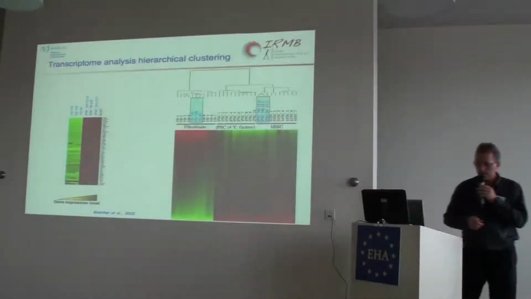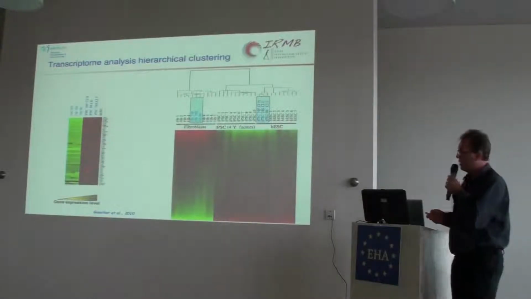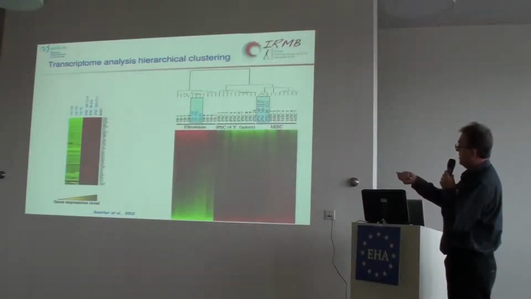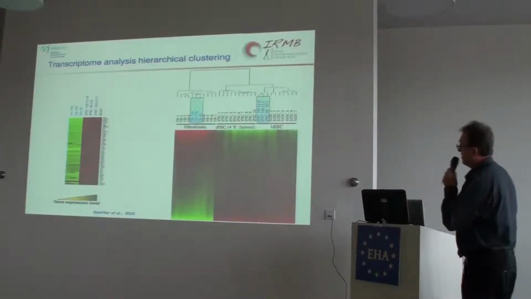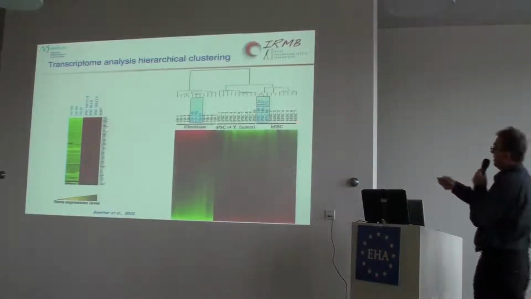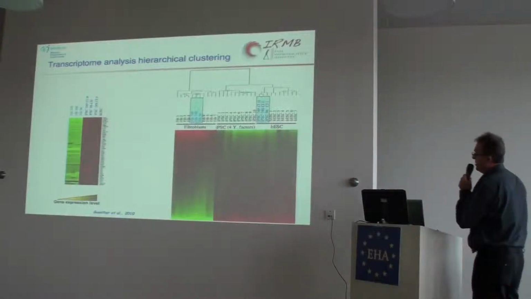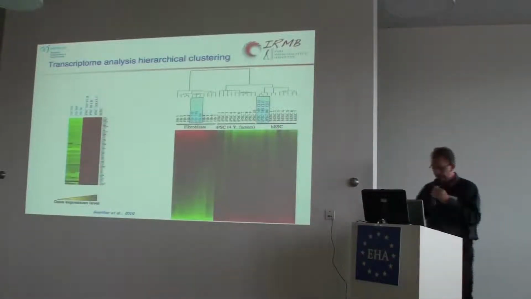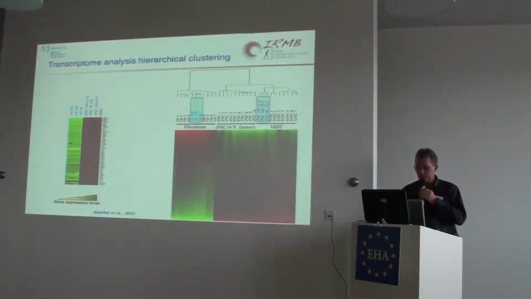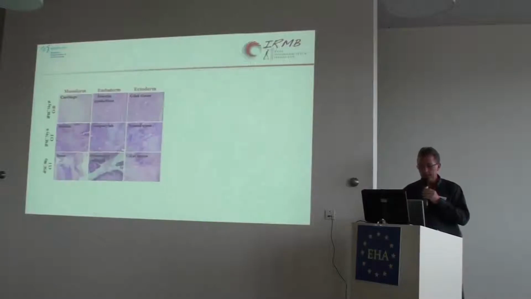Then with transcriptome analysis, we clustered all these iPS with human embryonic stem cells and with different iPS derived with 4 factors only, and we observed that they cluster more with human embryonic stem cells than iPS with 4 factors, indicating that probably the reprogramming was better with 6 than 4.